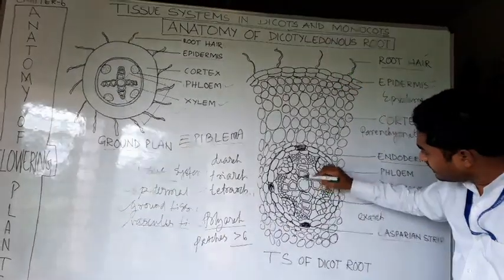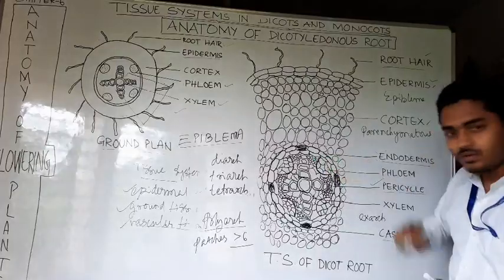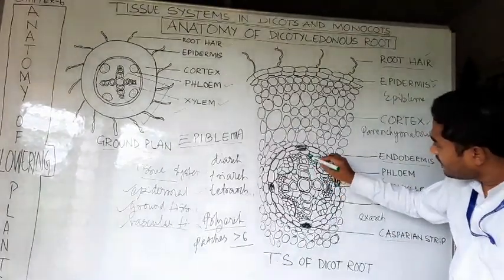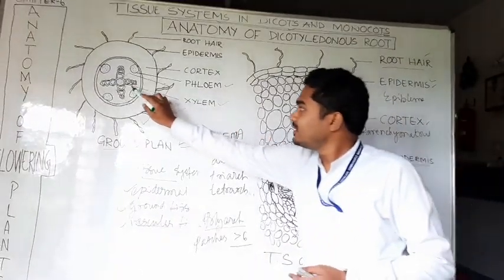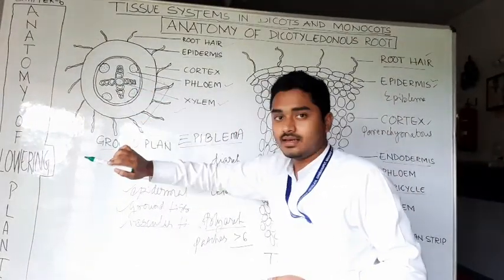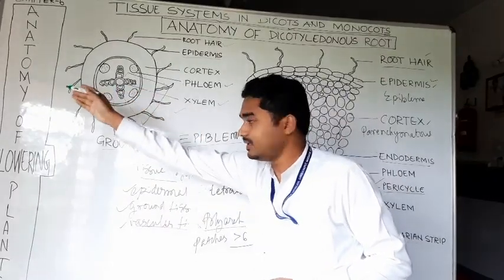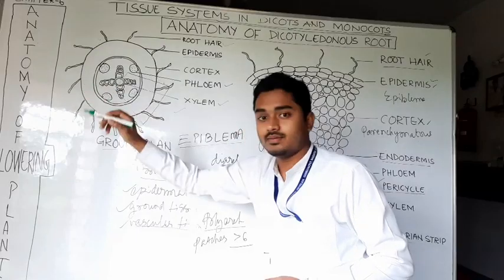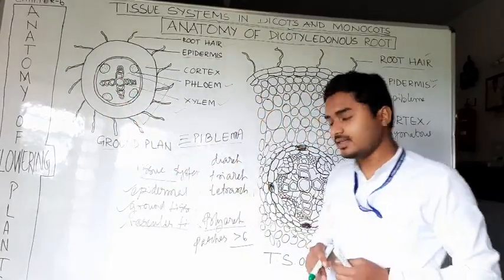So these are the xylems. This is called the metaxylem. This is the protoxylem. So the protoxylems are present towards the periphery. If you observe this structure, this is the metaxylem and these are the protoxylem. So the protoxylems are found close to the endodermis, towards the periphery, and the metaxylem is found towards the center.